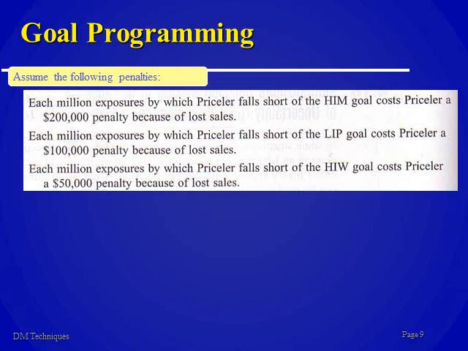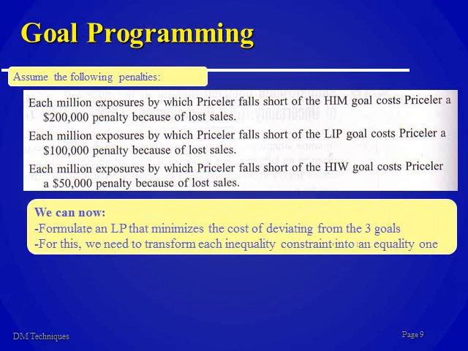Basically, the penalty for goal number 1 is much bigger than that of goal number 2, and the penalty for goal number 2 is much bigger than that of goal number 3, and so forth. This is in case you want to emphasize meeting goal number 1 before goal number 2, and then goal number 2 before goal number 3. A problem such as this is what's called in the literature preemptive goal programming. But in this case we have specific relative penalties for each of the 3 different goals.